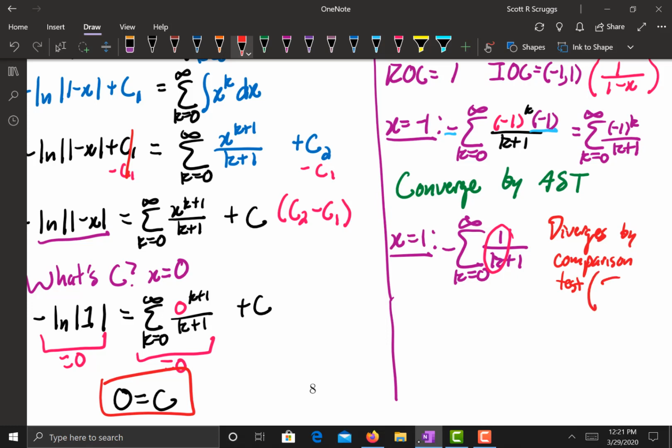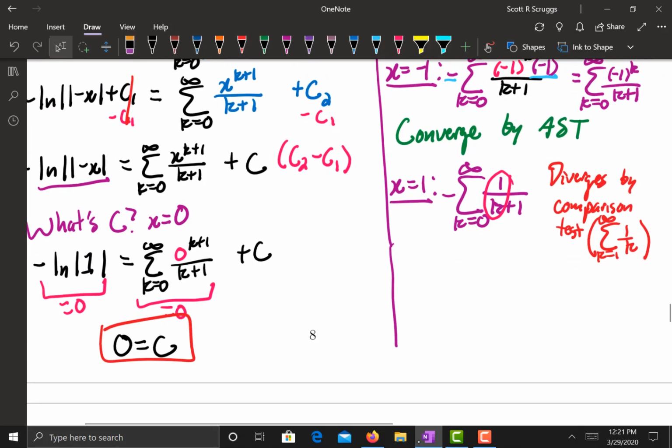And the series that I'm comparing with is the harmonic series. So that means now we have a brand new interval of convergence where I still have -1 to 1. I don't include 1, but now I include the left endpoint into my brand new interval of convergence.